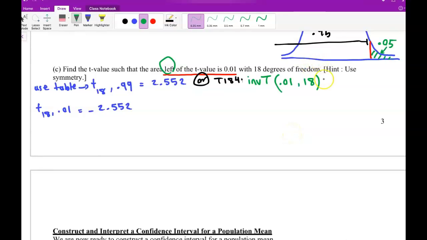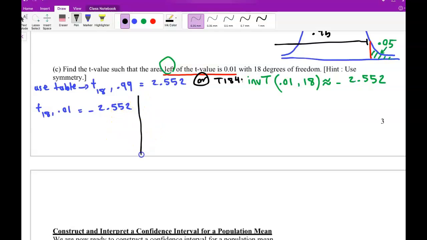So I rounded that, and the answer is negative 2.552. Okay, if I want to explain this more than this part, but remember on the test you only need to use this because this is easier.